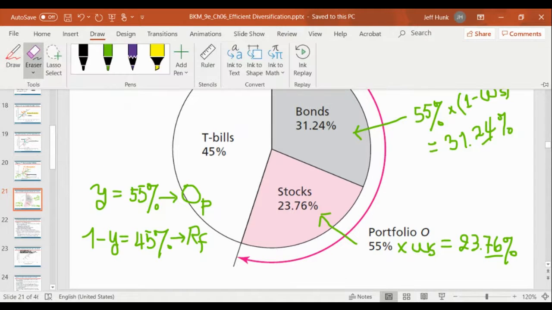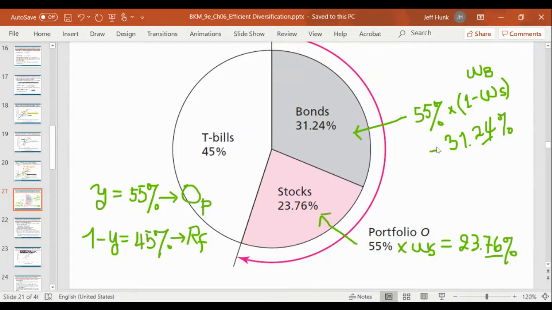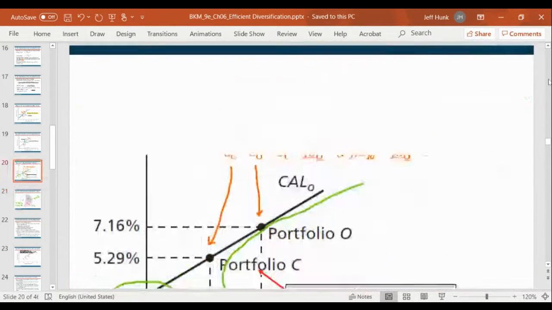I'll have to check the number again. It may have come from a different example. Maybe the correlation coefficient wasn't 0.2. Maybe it wasn't the same continuing example.